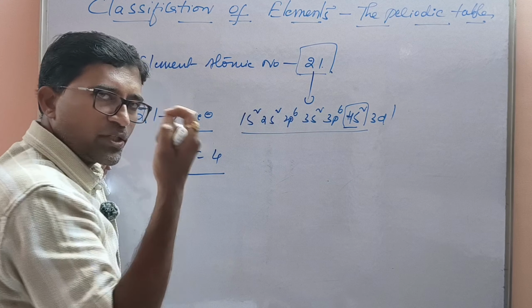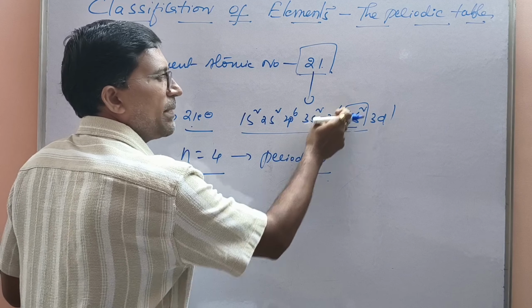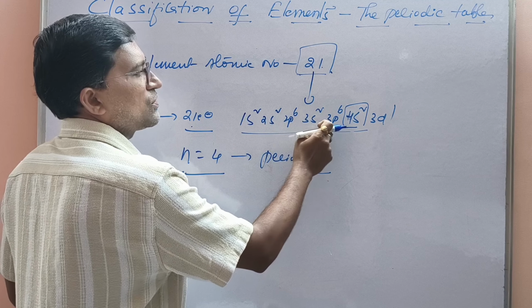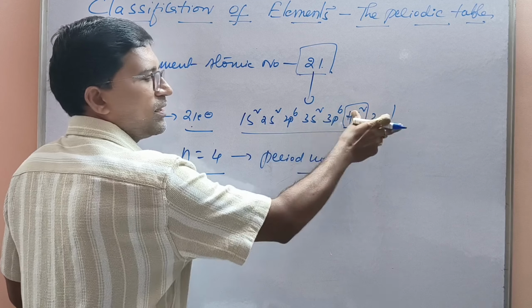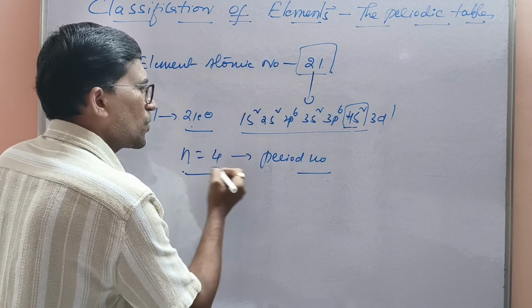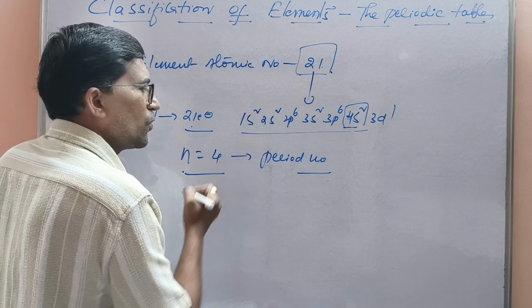So n equal to 4 gives the period number.